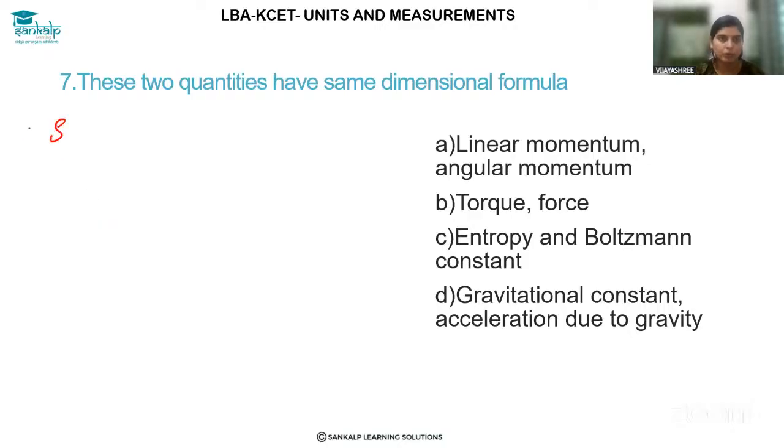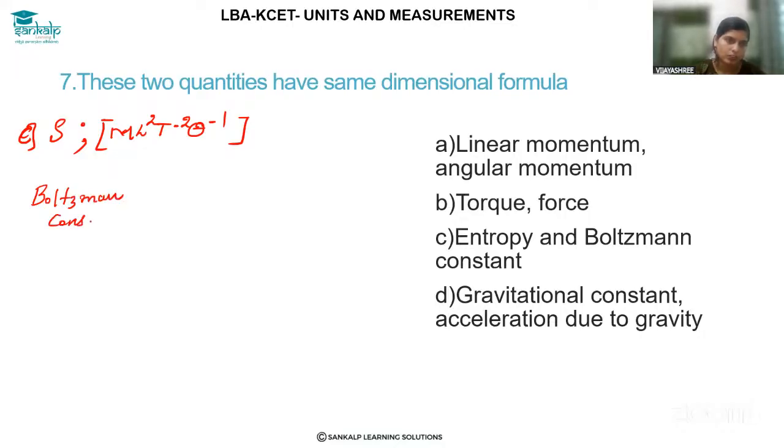So the entropy's dimensional formula is ML² T⁻². Next, the Boltzmann constant. We denote it by KB.